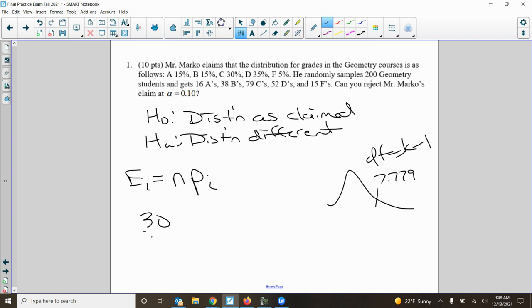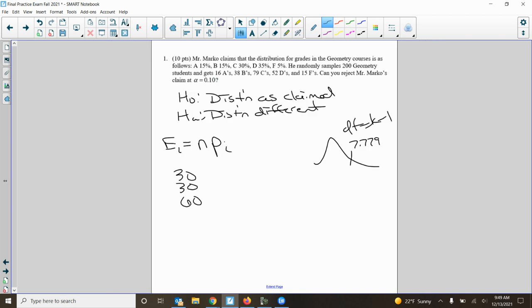Same thing for B's, we'd expect 30. For C's, we'd expect 60. For D's, we'd expect 70. And for F's, we'd expect 10. Those are called the expected frequencies. The farther O and E get away from each other, the more evidence you have that the null is false. That's why it's always right-tailed.